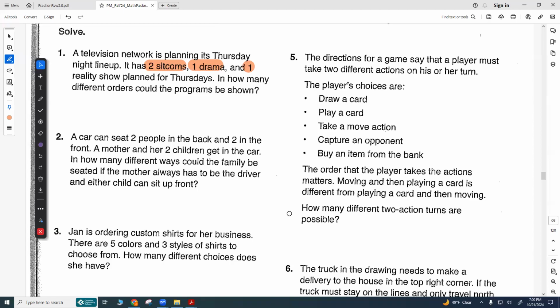Okay. So I'm going to say, whoa, sorry. Hang on. Okay. So we've got sitcom 1, right? And so once again, with sitcom 1, it looks like I could do sitcom 1, sitcom 2, drama, sitcom 1, reality show.